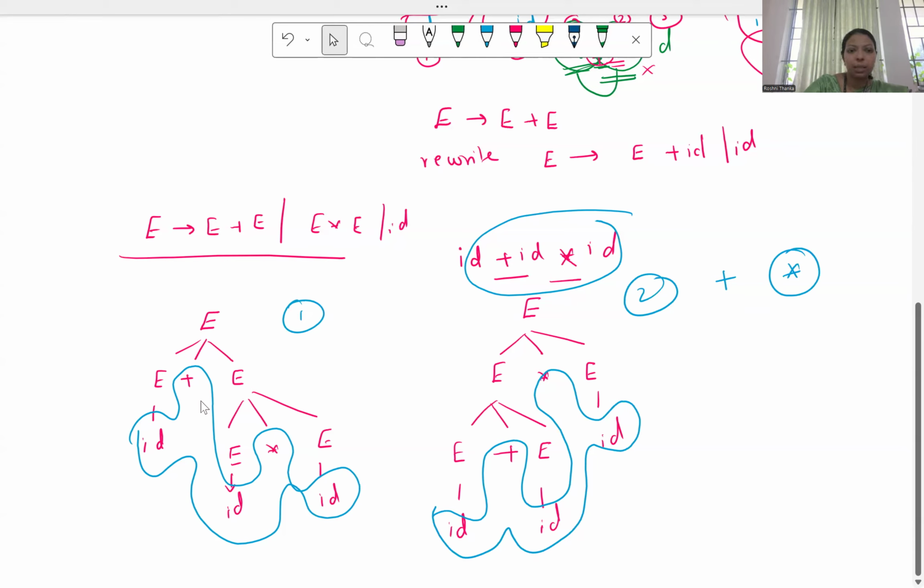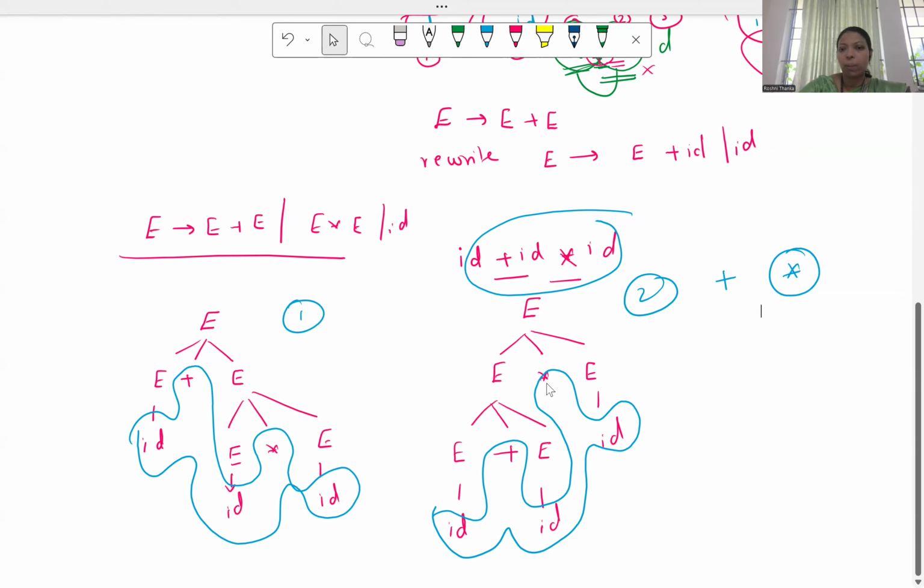If you look at the first parse tree, addition is not done first, because only if I get this result can I add it with this ID. So here multiplication is done first. But look at this parse tree: I cannot do the multiplication first, because I know only one operand of this multiplication.